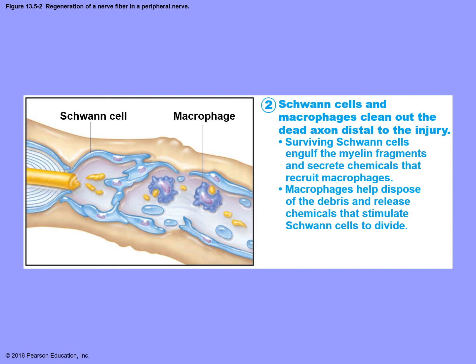If you had a cut, they also recognize anything foreign to try to prevent infection. As the macrophages are disposing of this debris, basically eating it up, they also release certain chemicals that in turn stimulate those Schwann cells to start to divide.